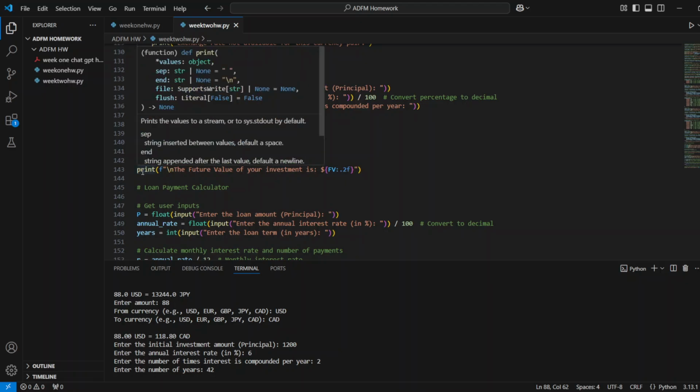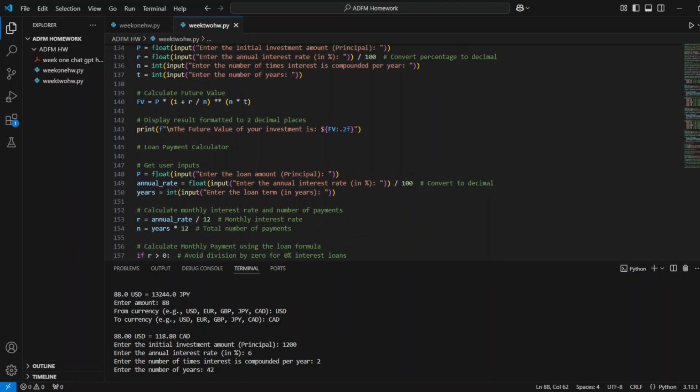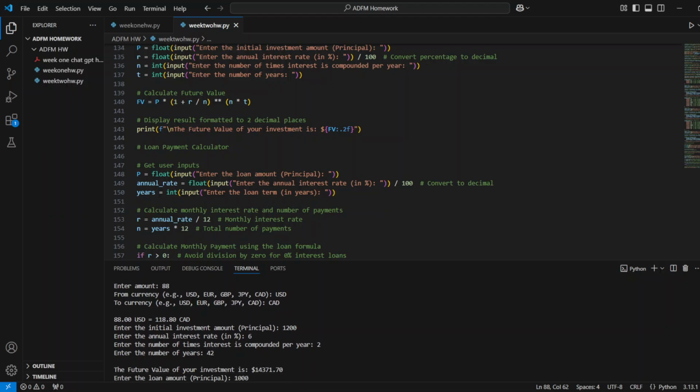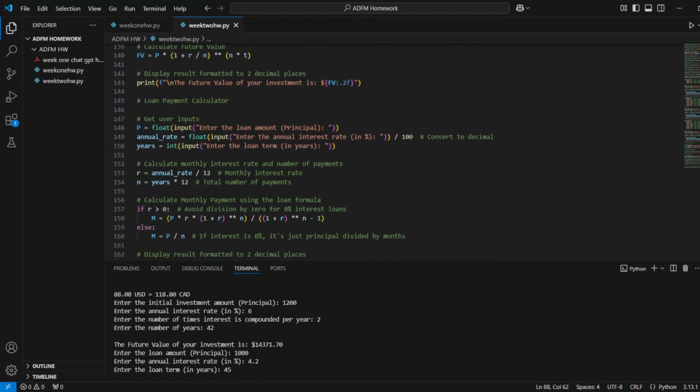And it would give me the result of the future value of the investment, which was 14,371.70.